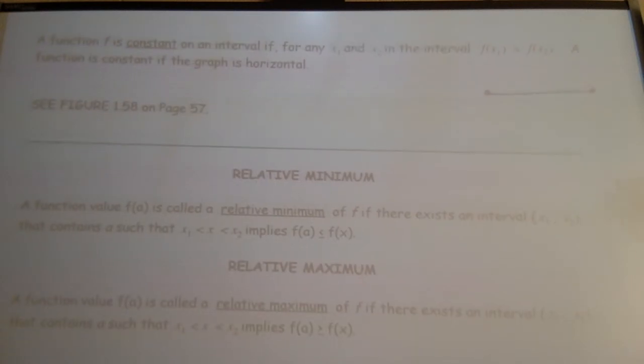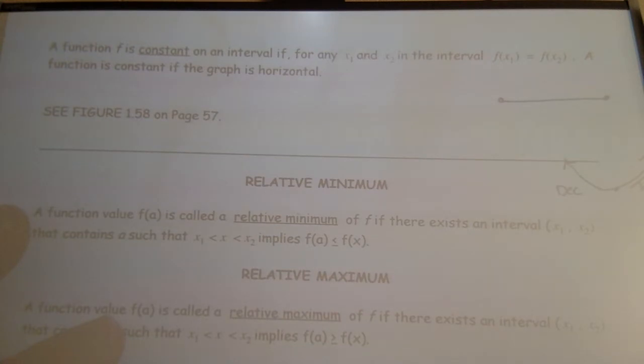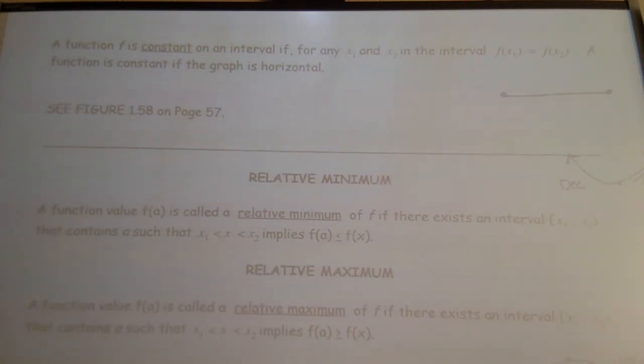You have a minimum value where your graph goes from decreasing to increasing. We have a maximum when I go from increasing to decreasing. A relative minimum is the low point on that graph, the valley. And the relative maximum is the peak, it's the height.